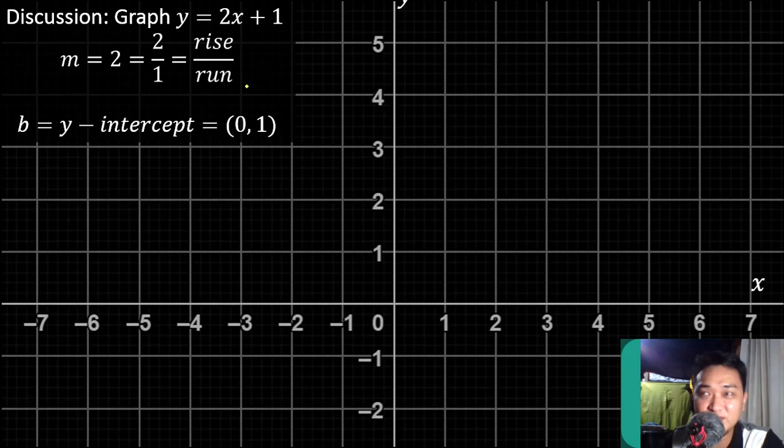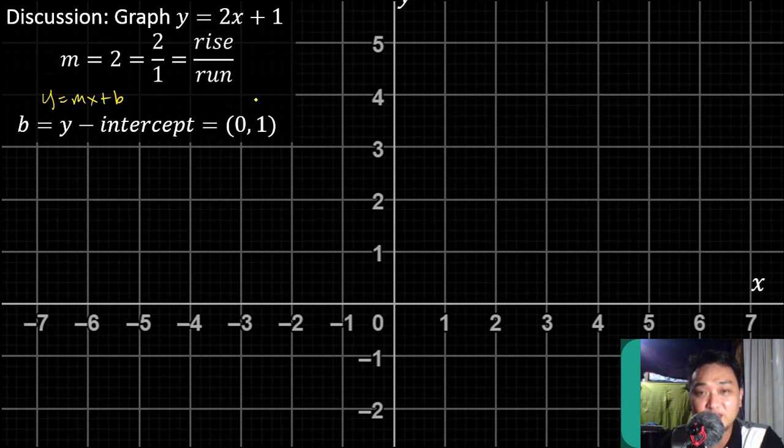Now, let us try to denote the y-intercept. In the slope-intercept form of the line, which is y equals mx plus b, the value of b tells us the ordinate of the y-intercept. So, immediately, we could tell that the ordinate of our y-intercept is 1.